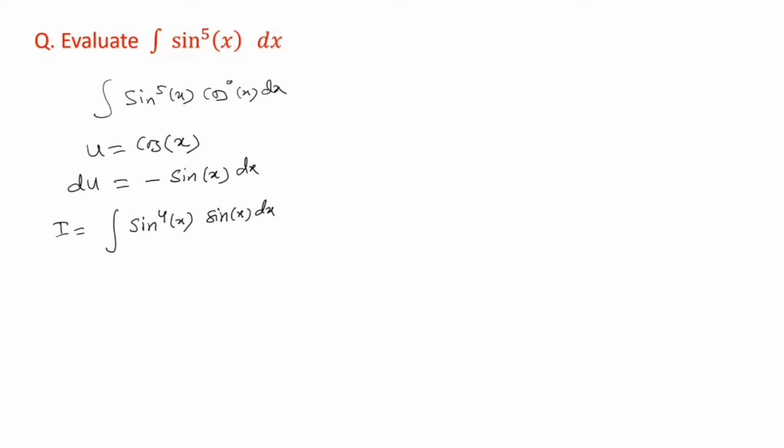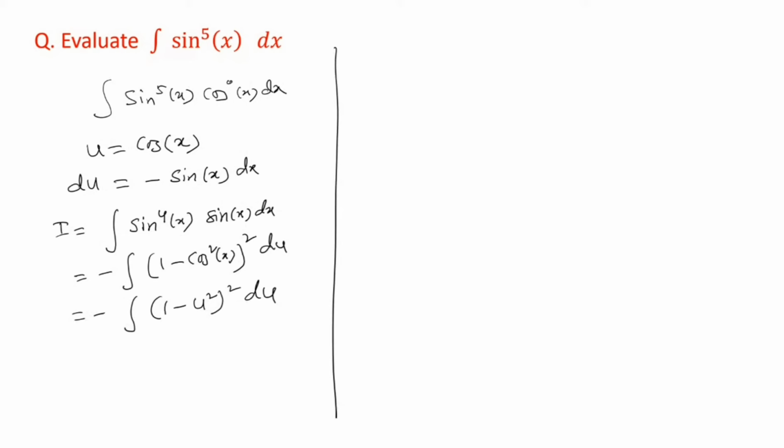Now sin x dx is equal to minus du. Sin to the power 4 x we need to convert to (1 minus cosine squared x) whole squared, so this is minus (1 minus u squared) whole squared du.